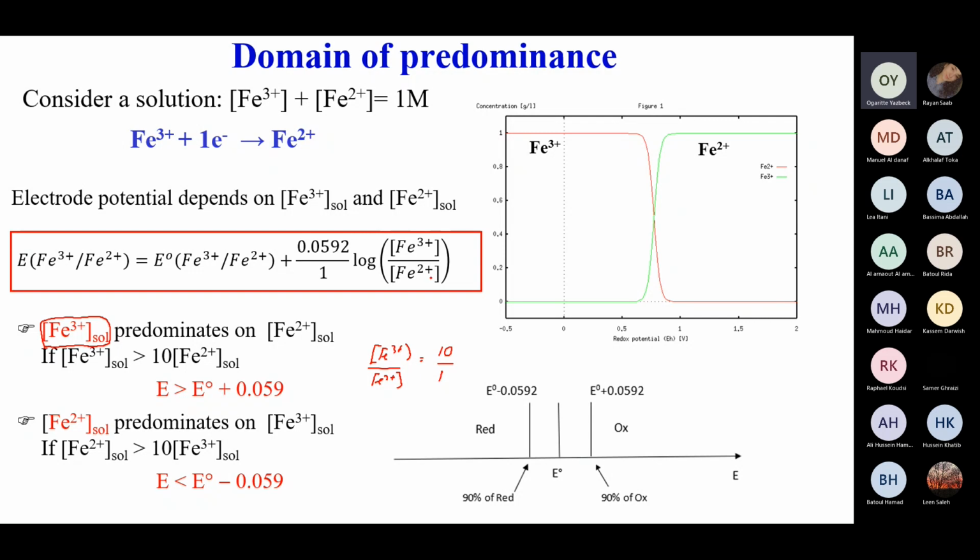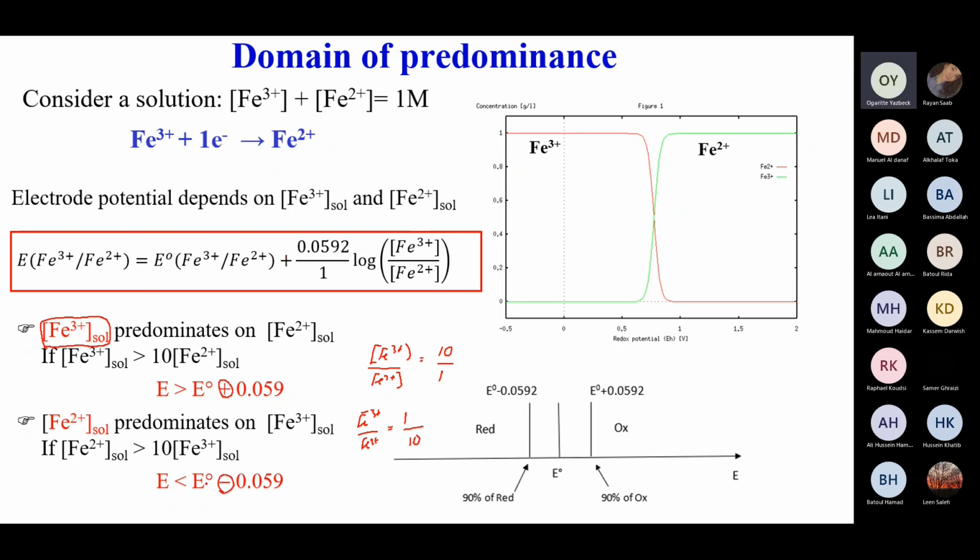At this point, if I put 10 to 1, you will see there will be a plus sign here, plus 0.0592. If the Fe2+ predominates, the ratio I have here is Fe3+ over Fe2+, so the Fe2+ concentration must be 10 times greater than that of Fe3+. So this is 10 and this is 1. The same thing: put 1 over 10 here and you get a negative sign.